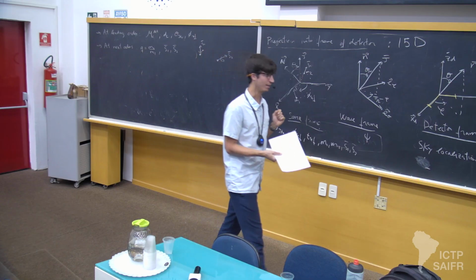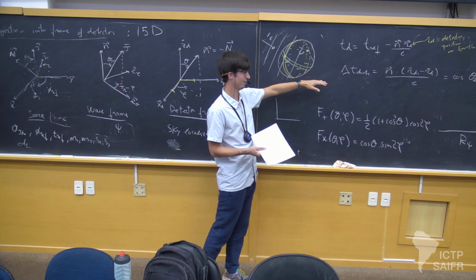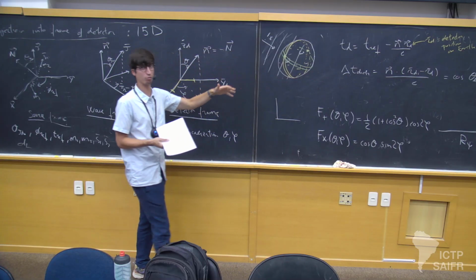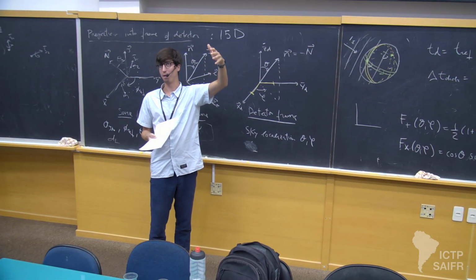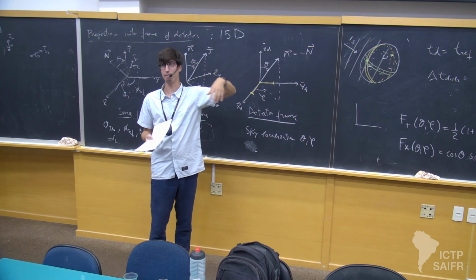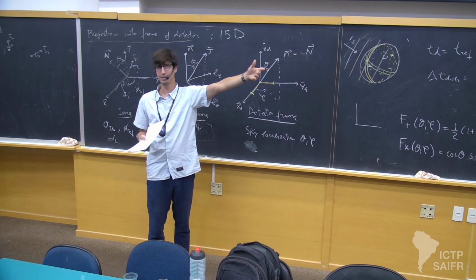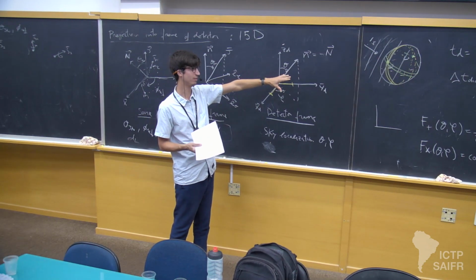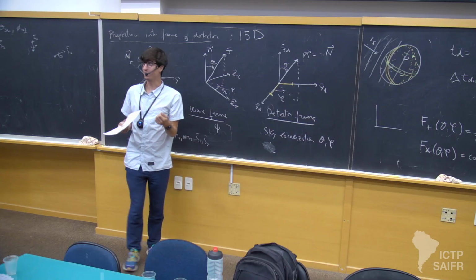Something related to that is that we have been focusing on the leading quadrupole radiation, but there are other, higher frequency modes that the signal also contains. Those depend differently on the inclination.